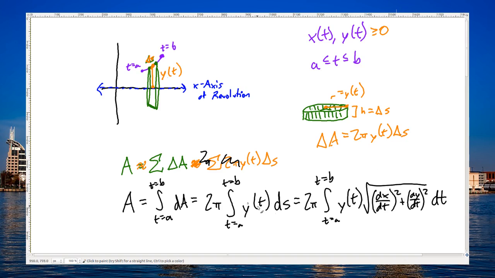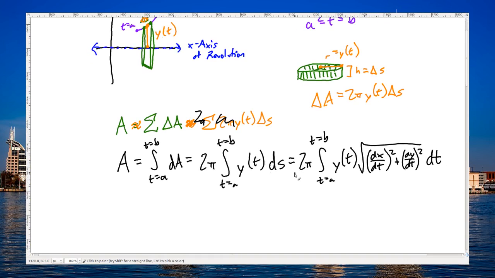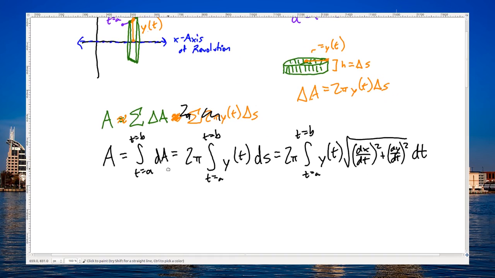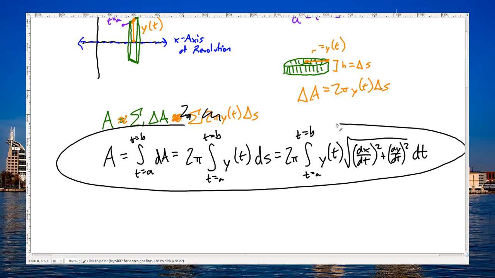And so this is a nice short formula, but you have to expand out that ds into that square root dt. All right, so now we've got our area formula, and we will just use this blindly pretty much to solve the problems that we need to solve. Well, let's take a look at one of those.